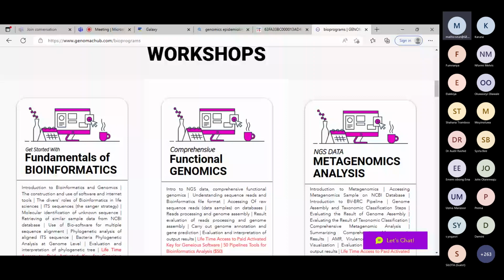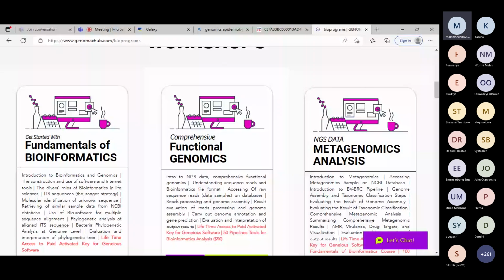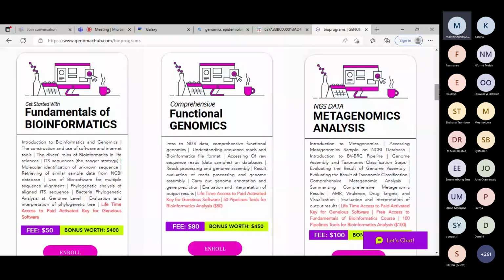They will give you an introduction to bioinformatics and teach you different kinds of analysis. You'll be able to analyze big data, genomics data and NGS data, do evolutionary studies and come up with insights.